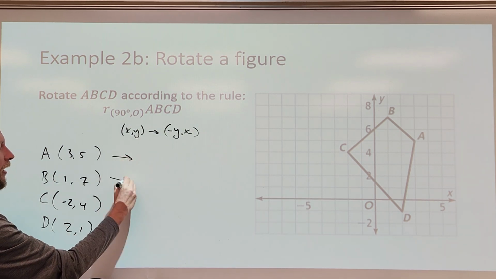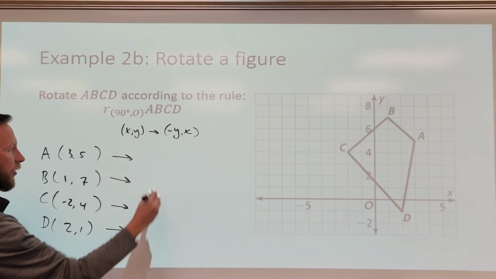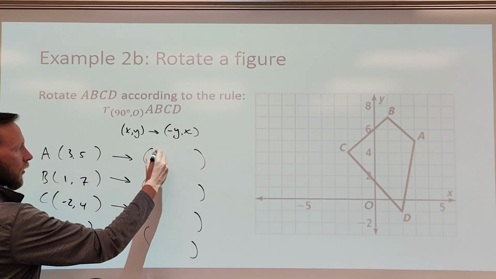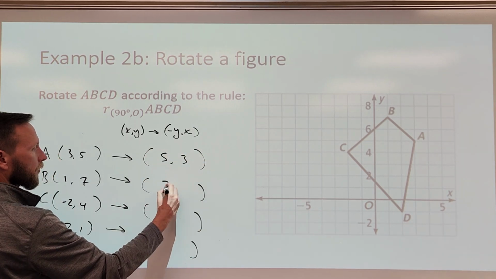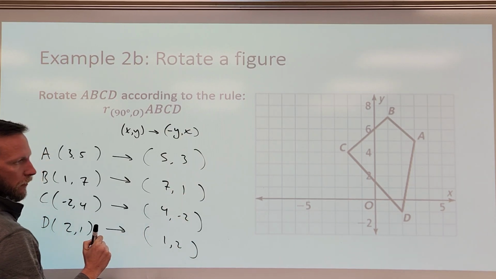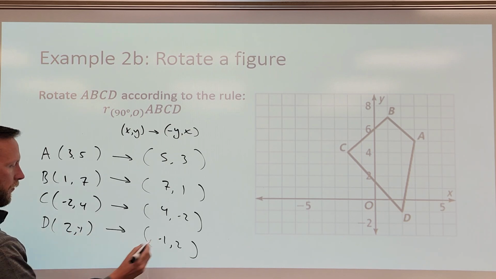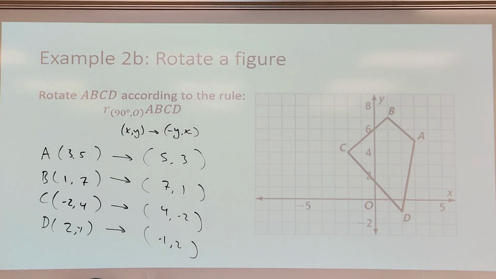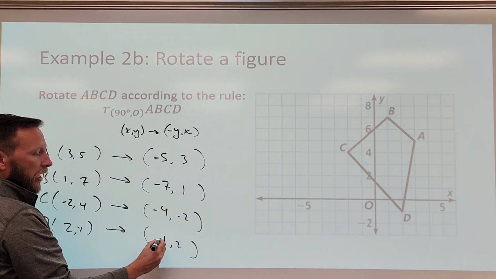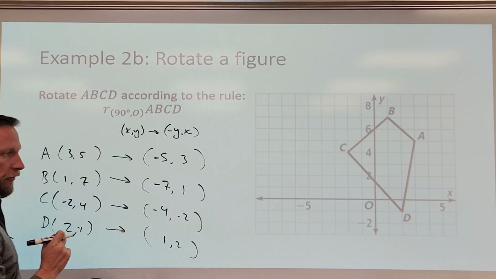So when I rotate these 90 degrees, remember I'm switching the x and the y. Oh, whoops, this is -1. But then I'm changing the sign of the y term. So if it's positive, it's going to become negative. If it's negative, it's going to become positive.